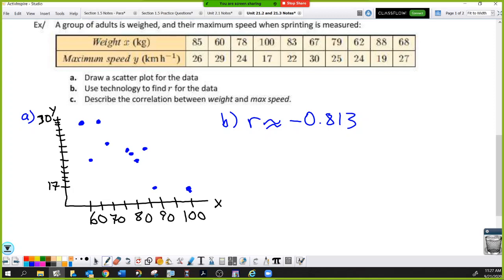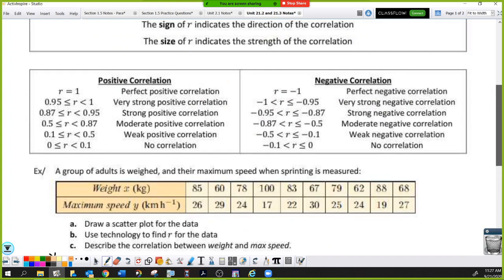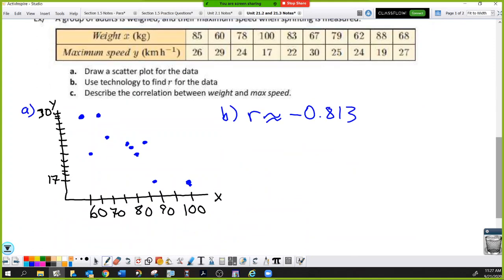Well, that number, negative 0.813, we know it's negative, and it falls between negative 0.87 and negative 0.5. So because negative 0.87 is less than r, which is less than or equal to negative 0.5, we would say this is a moderate negative correlation.